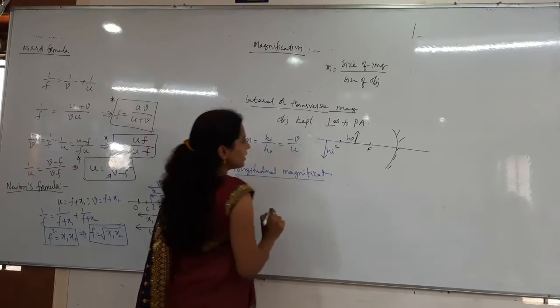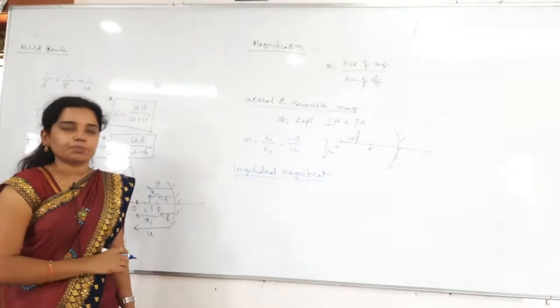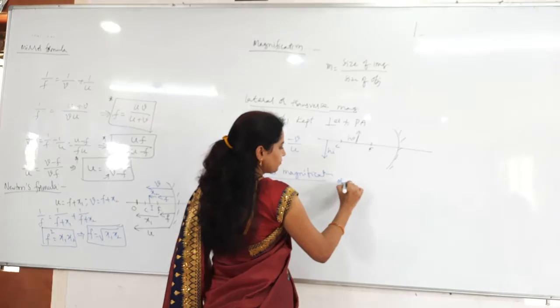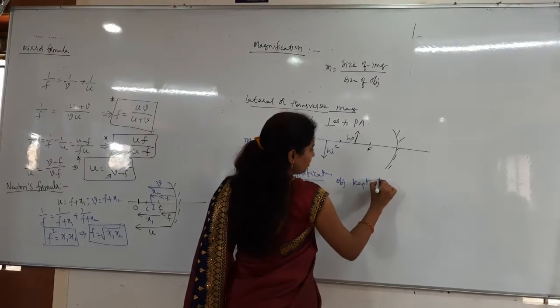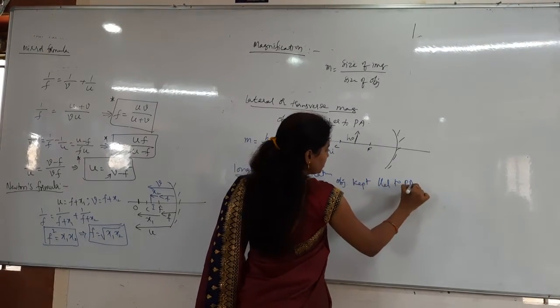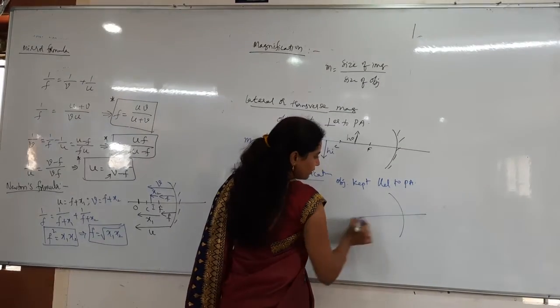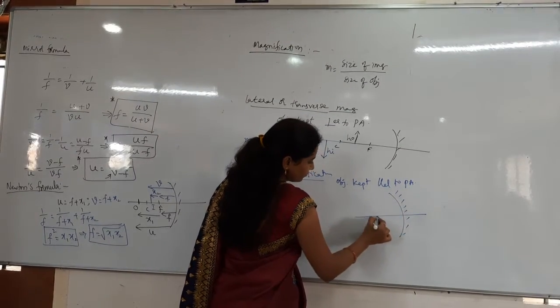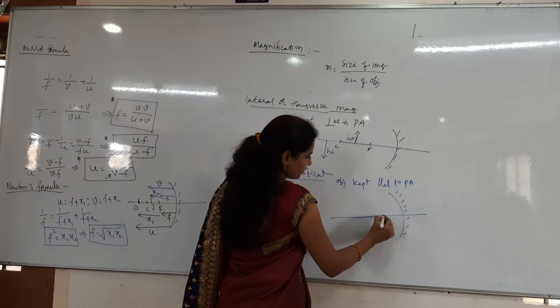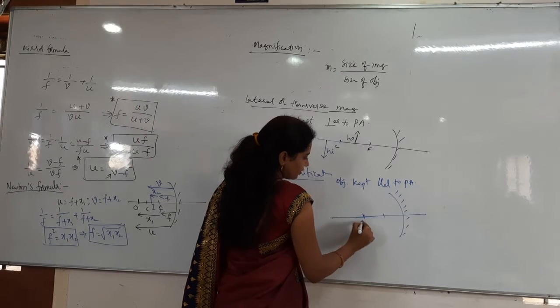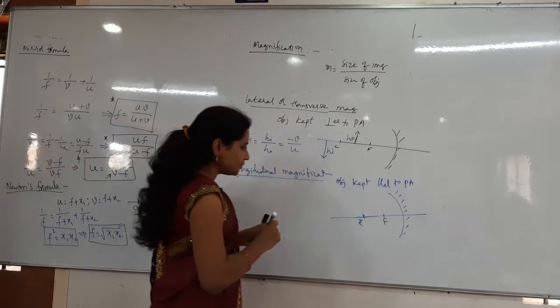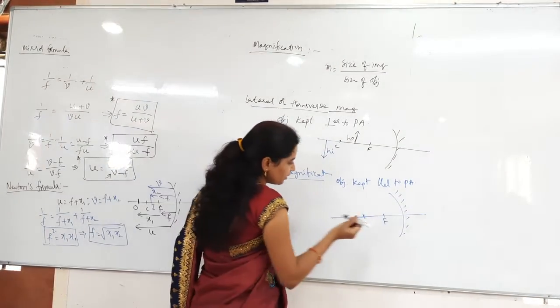What I said, the object will be kept parallel to the principal axis. Parallel to the principal axis. Now the diagram will be like this. So this is the center and the focus here. Now the object is kept like this. The object will have a length.